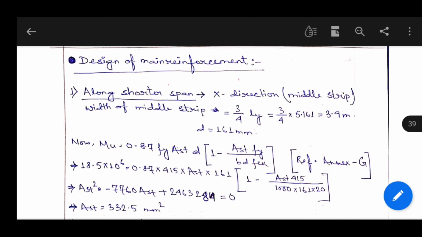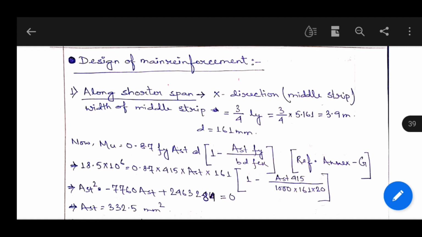Now as per the equation of Annex G of IS 456:2000, to find out the ultimate moment, the formula is Mu = 0.87 Fy Ast d (1 - Ast Fy / b d fck).